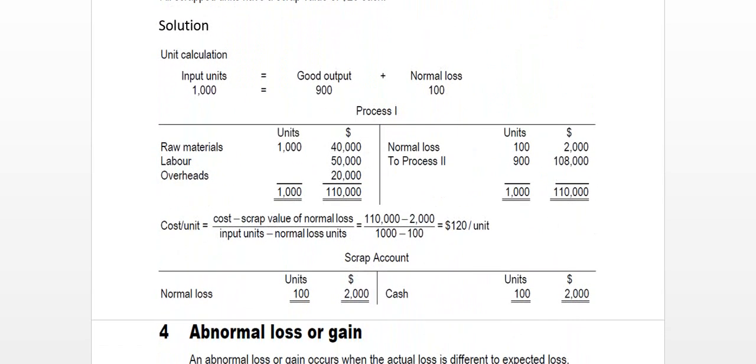You have your T account there. The input units still remain the same, 1,000. The total cost also remains 110,000. But this time the normal loss is valued at 20. So 100 units times 20 gives us a normal loss of 2,000. The good units, the value will be a balancing figure.